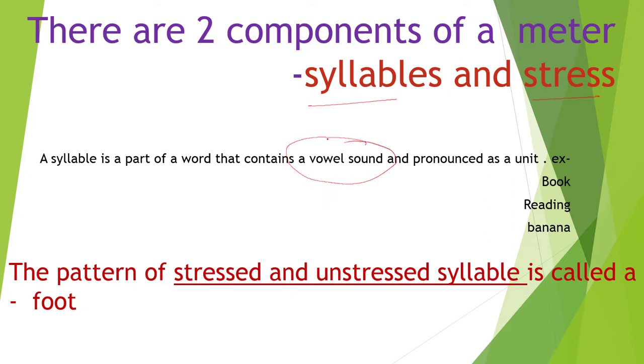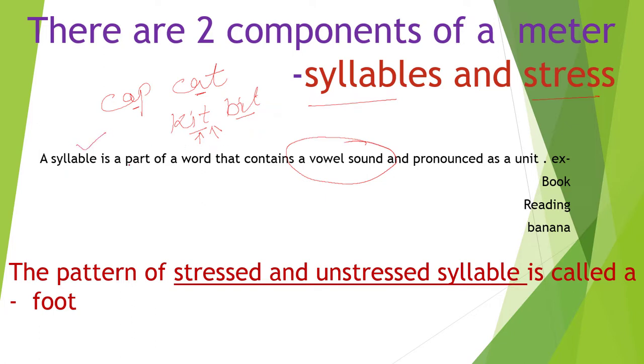In nursery classes, we learn, read and write simple words like cap, cat. Here we have one vowel sound, a, cap, cat, or like this, kit, bit. Here we have one vowel sound. When we have a combination of a vowel sound and a consonant sound, it is called a syllable.